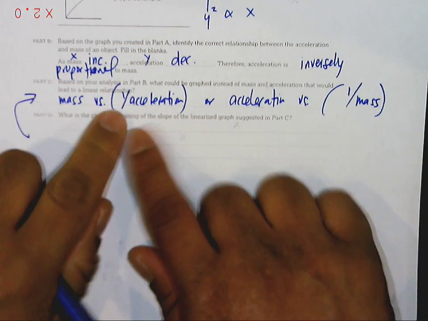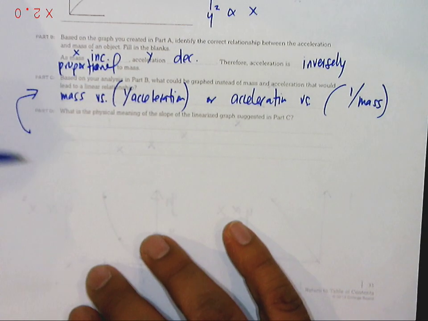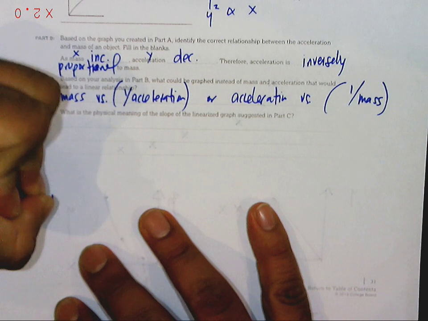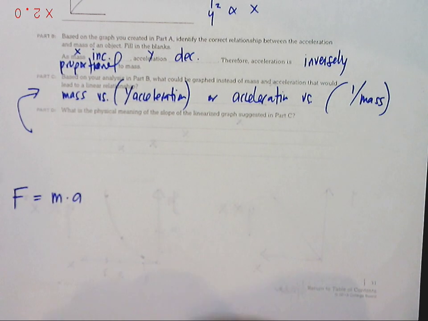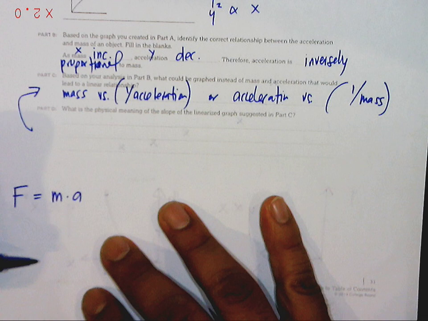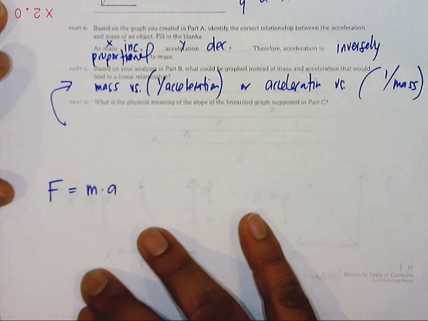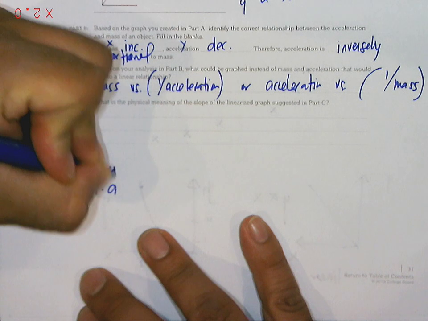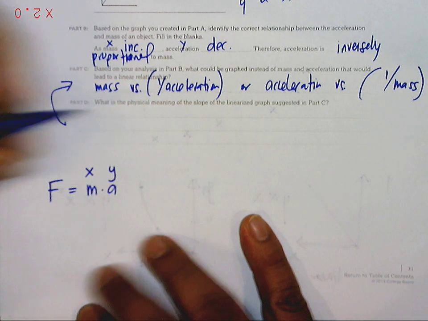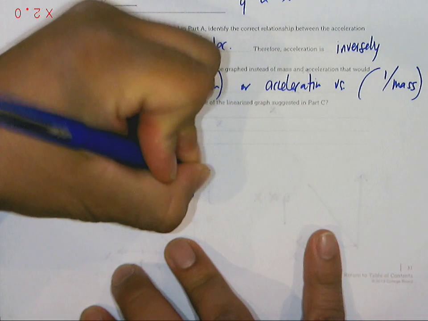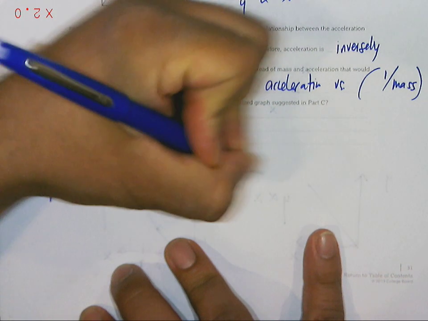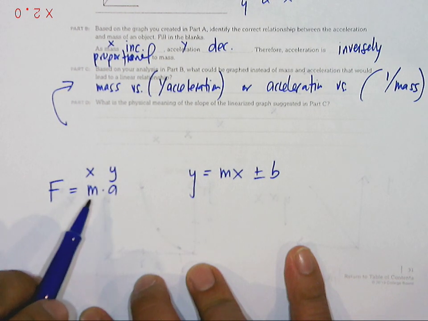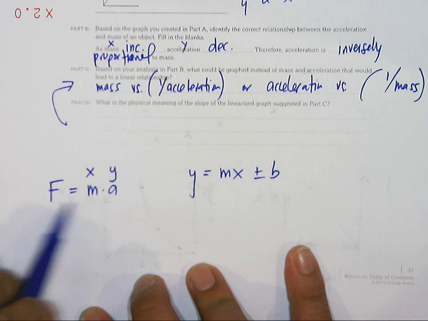Well, if we think about it, if I had done this, I'm really rearranging the equation F equals m times a. But in our case, what's happening here is that, like we defined above, this would have been the x, this would have been the y. So if I was going to rewrite it in y equals mx plus or minus b format, I need the m and the a, mass and acceleration, to be separate from each other.